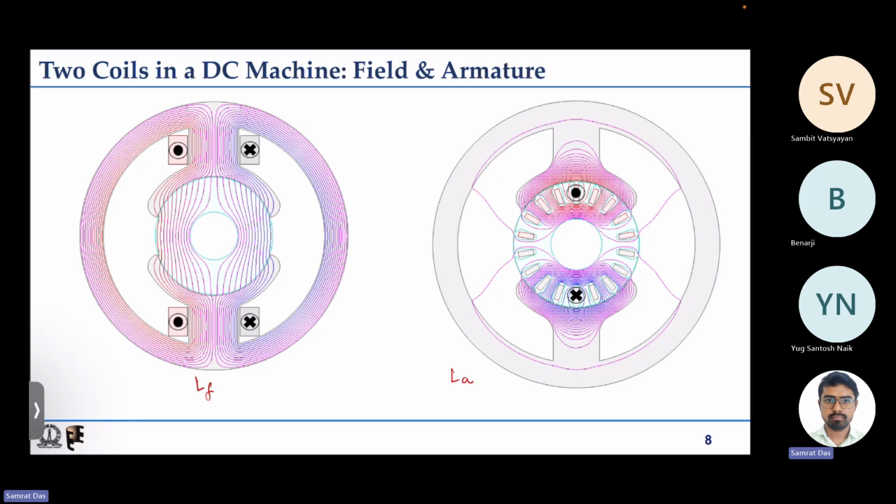So you can tell that along the axis of the magnetic field in the field winding, you have the air gap to be quite small. We discussed elaborately last time what we mean by the effective air gap in this case, and what we actually mean by reluctance, and how we are comparing this to reluctance.